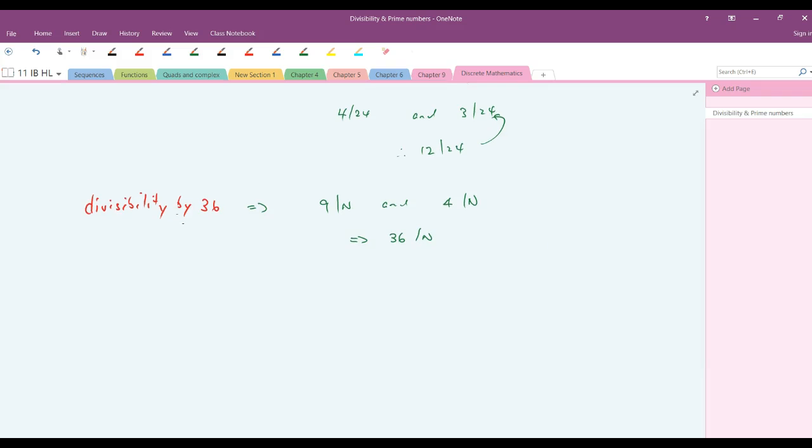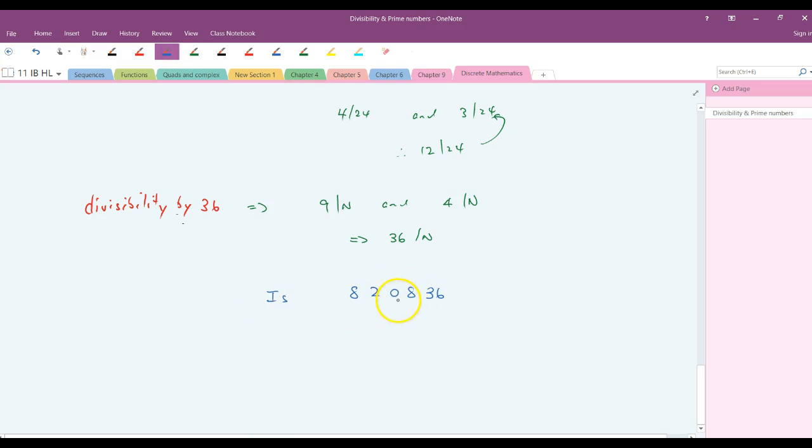And if we continue that example, just looking at this number here, for example, does 36 divide 820,836?